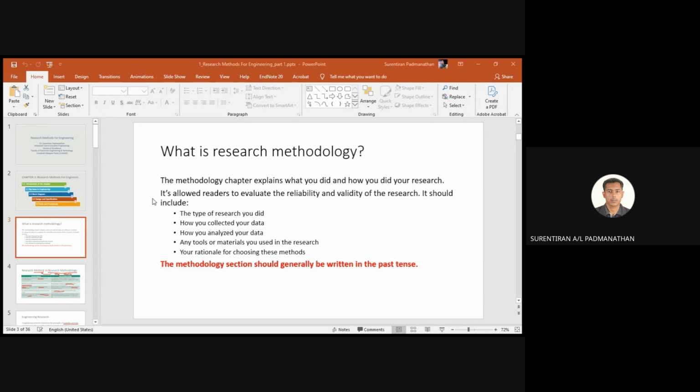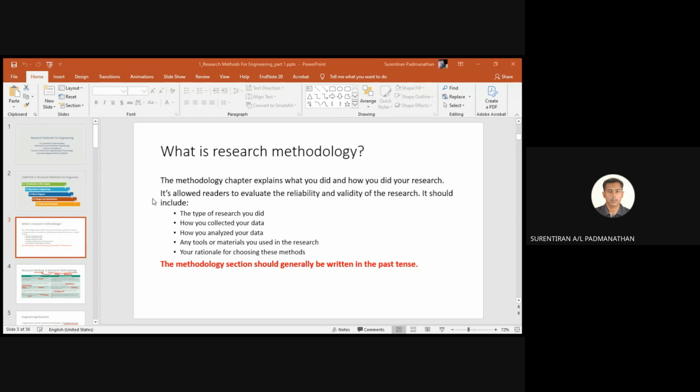Okay, so I want to solve this problem. First objective this, second objective this, third objective this. All right, but why do you want to do that? For the objectives you will say, to do this, to do this, right? So why do you want to say that? Because you want to solve a problem, right?